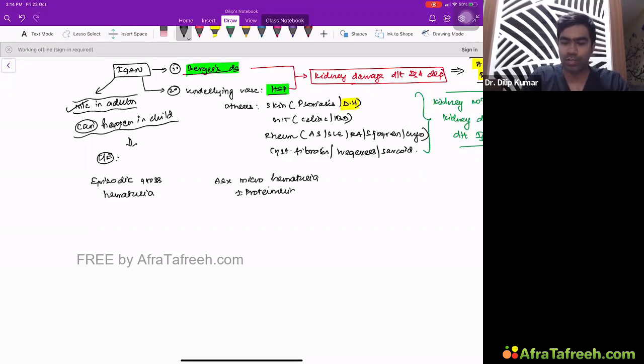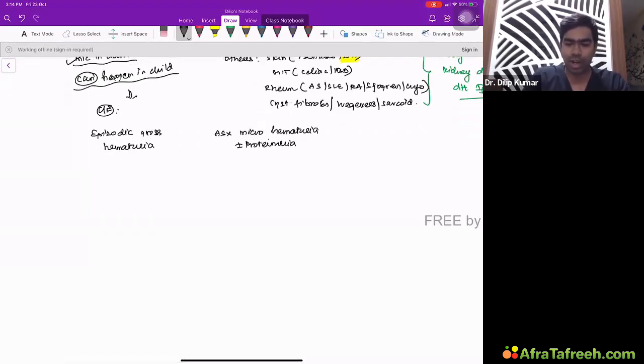These are the two ways they can present. Episodic gross hematuria is very common in children compared to adults. That's how they present in children. In adults, typically they come with asymptomatic microscopic hematuria. Adults more than children.